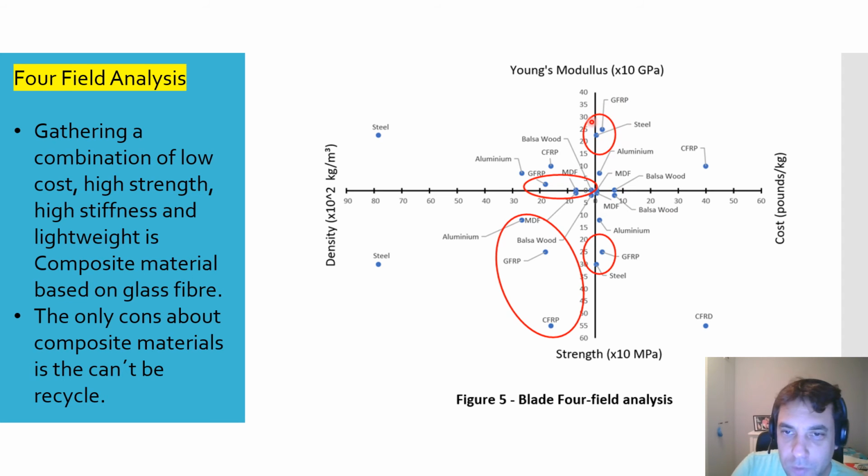So the materials that I am interested in are highlighted in red here. GFRP is glass fiber reinforced polymer, so a composite material, and also steel could be the materials for this selection, for this purpose.